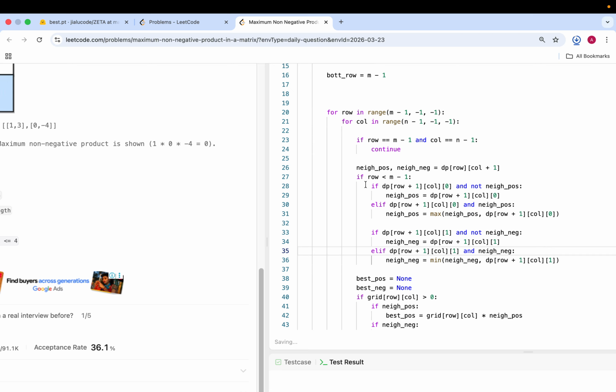So just to clarify once again, if we're in a position where we have a below neighbor as well as having the right neighbor, then if looking for the best positive results, if there was no neighbor positive in the right neighbor, but there is one in the bottom neighbor, then set neighbor positive to be the bottom neighbor. But if they do both exist, then we have to do a maximum. And obviously if this doesn't exist and this one does, then it's as if this ran and this didn't run. That's fine. It's like the else, I don't have to explicitly write anything for the else. And then the same kind of idea here.